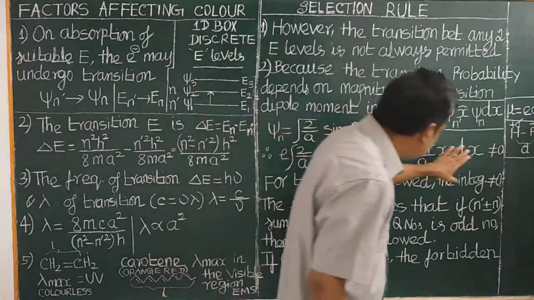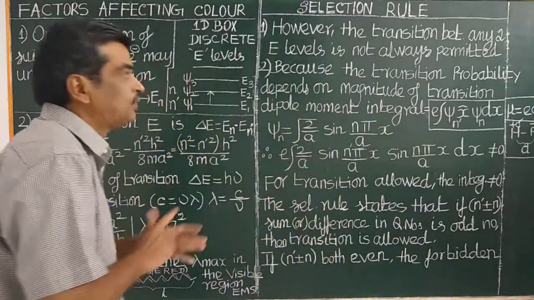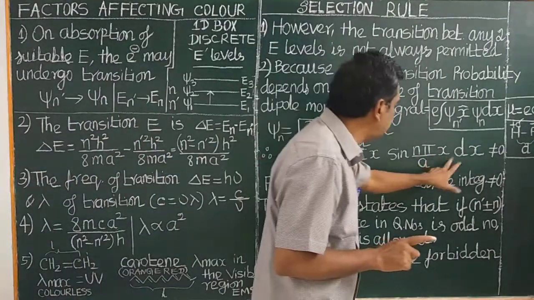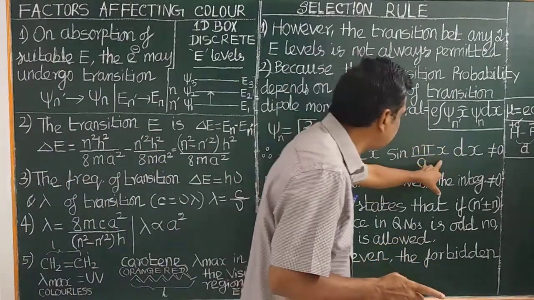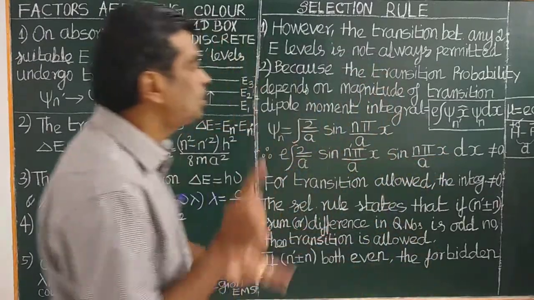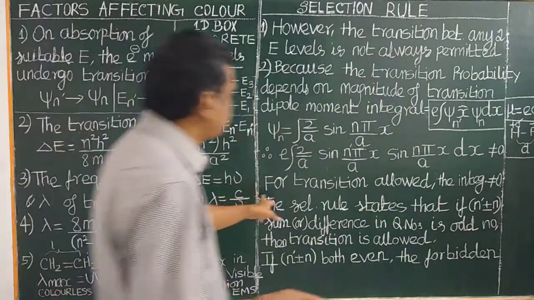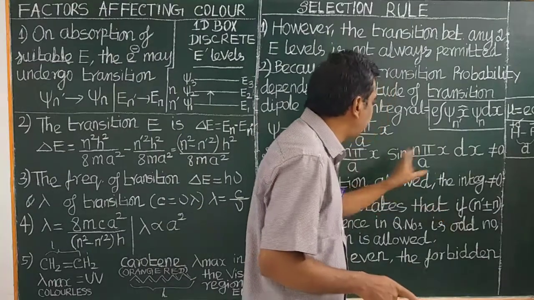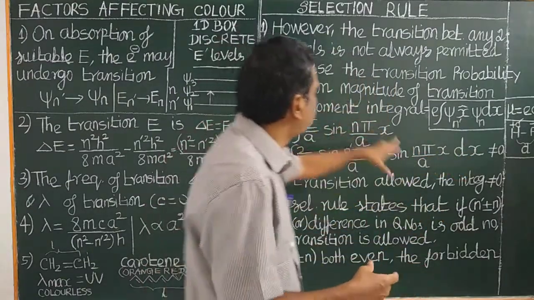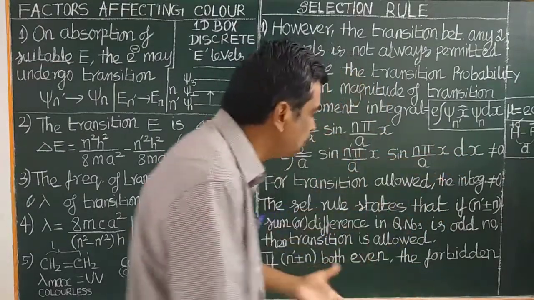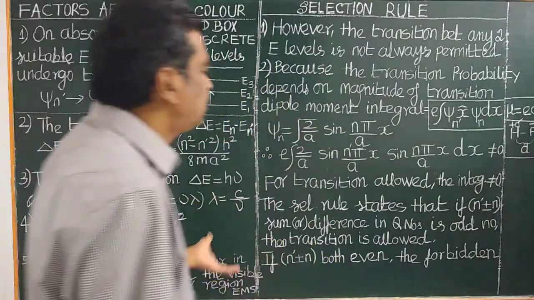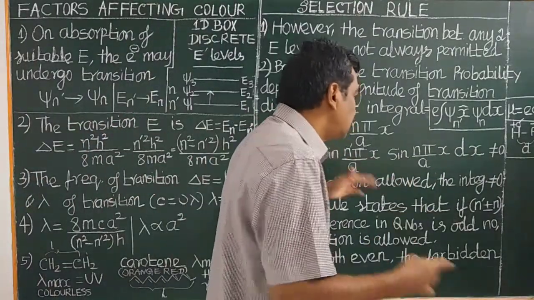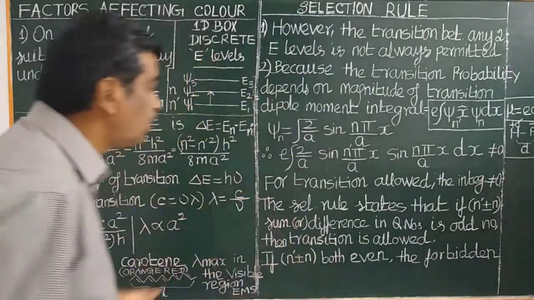Listen carefully: if this transition probability or transition moment integral is not equal to 0, then only the transition is allowed. If the transition moment integral is equal to 0, the transition probability is 0, therefore the transition is not allowed or permitted.